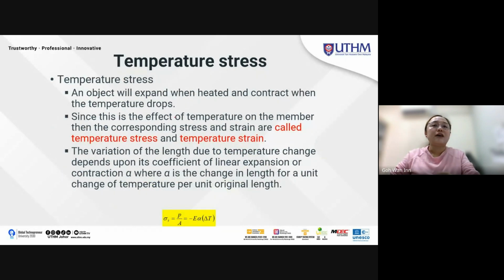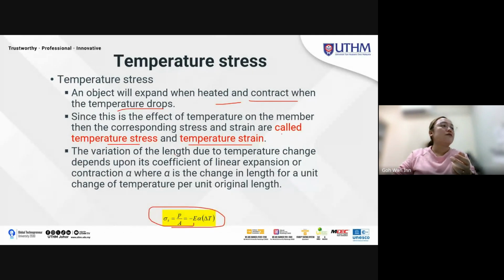Other than that, you will have temperature stress. An object will expand when heated and contract when the temperature drops. Since this is the effect of temperature on a member, the corresponding stress and strain are called temperature stress and temperature strain. So these are the equations.